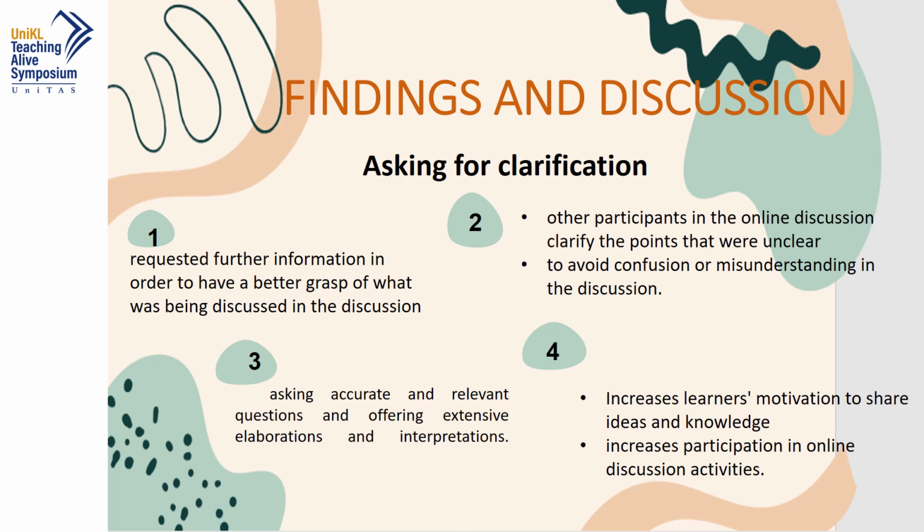They also claim that because they do not want to be left behind, they will proceed by asking for further clarification and elaboration for the ideas or explanation that they do not understand clearly, because they believe that when you have an effective collaborating behavior in group work, it will result in many advantages, such as increases their motivation to share more knowledge and ideas with their other group members. So when they get clarification that they want, it will keep the online discussion going.